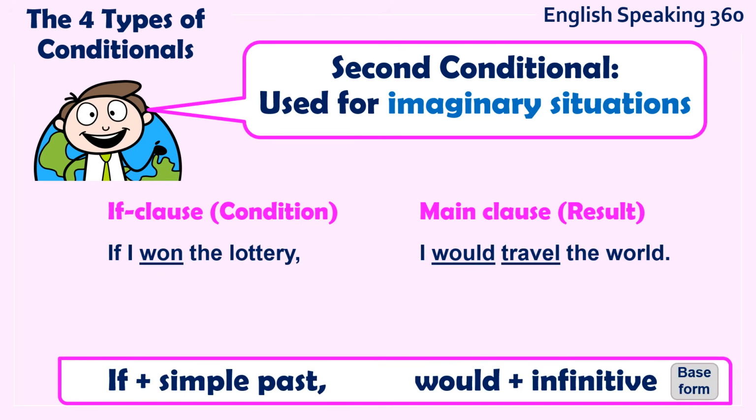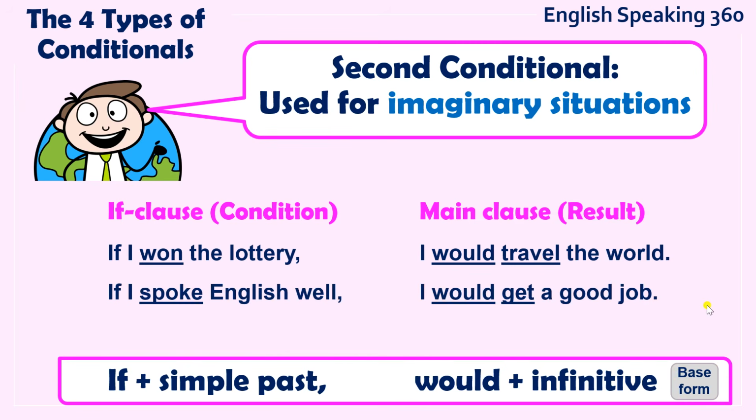So it's only in my imagination. There is no chance of this happening. So if I won the lottery, I would travel the world. In this case, we use the simple past in the condition clause, and we use would plus an infinitive. The infinitive is the base form of the verb in the result clause.